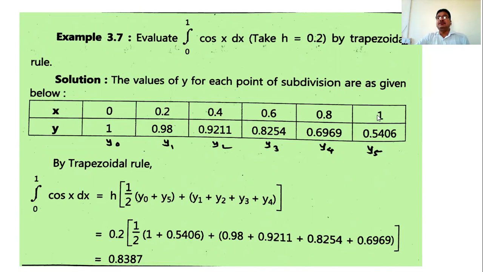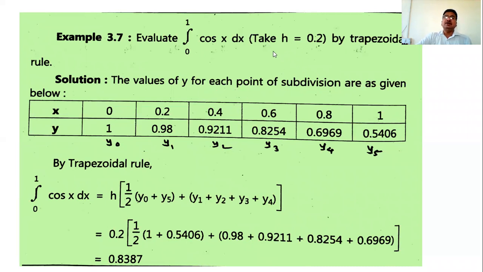We stop these values of x at the upper limit 1. These values are 1, 2, 3, 4, 5 and 6, 6 in number, so the number of subintervals is 5, but there is no need to write the number of subintervals or the value of n if h is given.